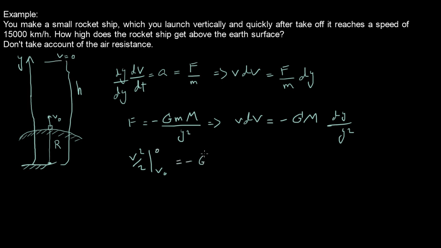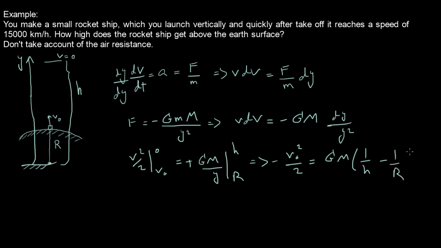Equals minus G M, and the integral of that is 1 over y, and this becomes positive, from the distance originally was r and now it is h. So therefore minus v0 squared over 2 is equal to G M times (1 over h minus 1 over r).